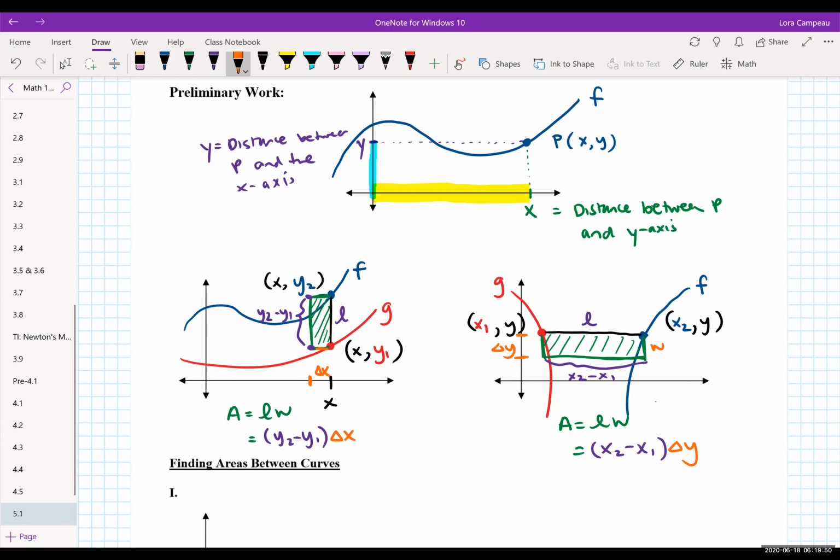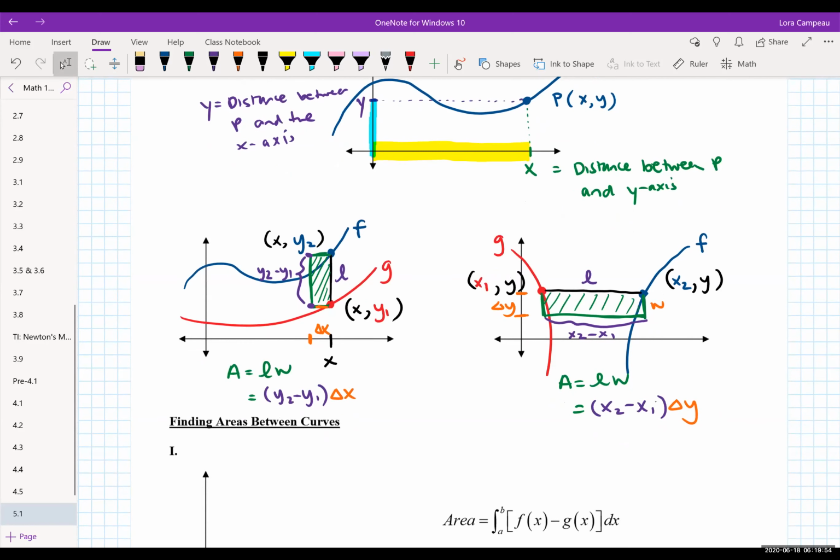What you want to pay attention to is that it depends on what axis you're slicing up. For instance, when I made vertical rectangles on the left, I made a single rectangle and it was slicing up the x-axis.